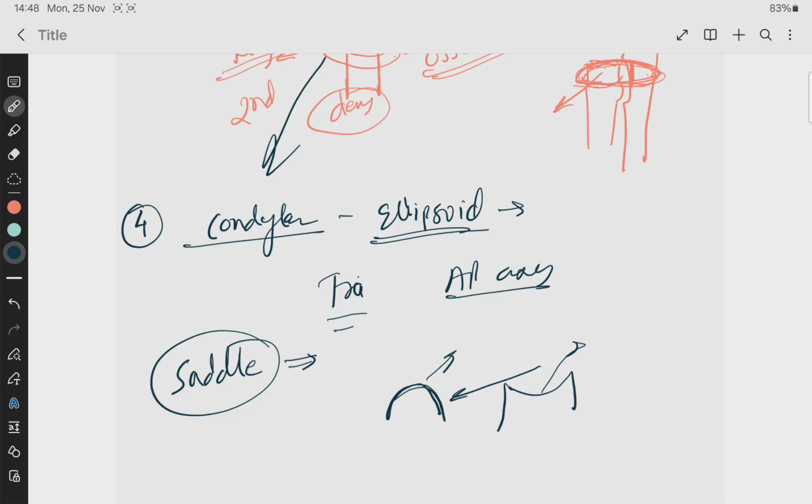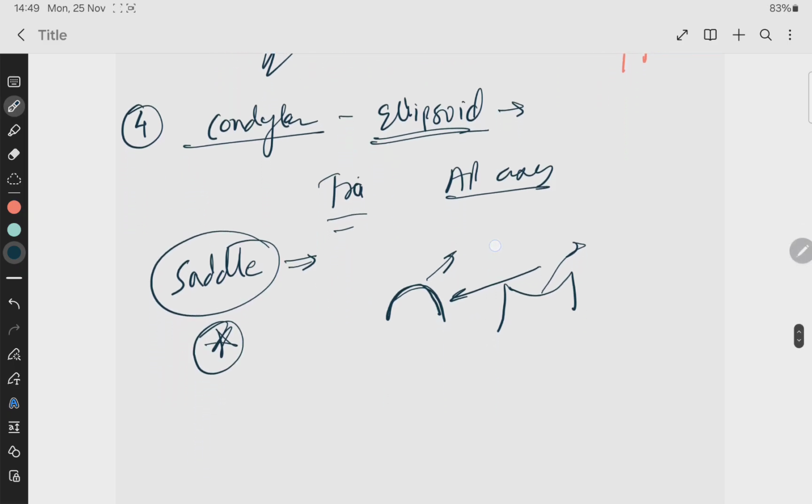So what are the examples? This is very important, which joints are saddle? There are only a few examples.